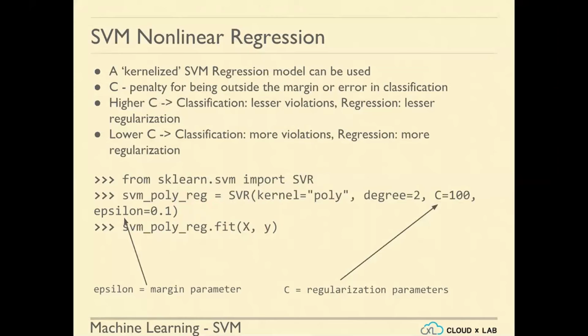Instead of using linear SVR, if you want to use the polynomial one specifically for complex data, then we can simply say kernel equals poly, and we can tweak the degree, C, and epsilon in order to get the best results. That's essentially what we call grid search or fine-tuning your model.